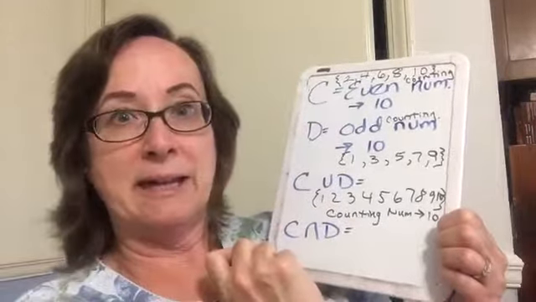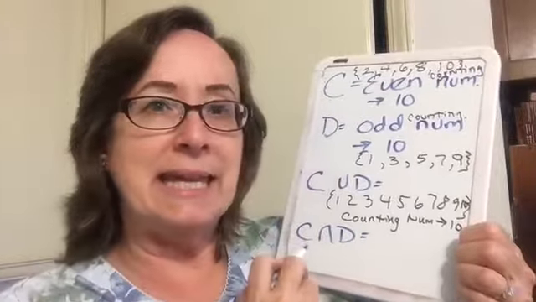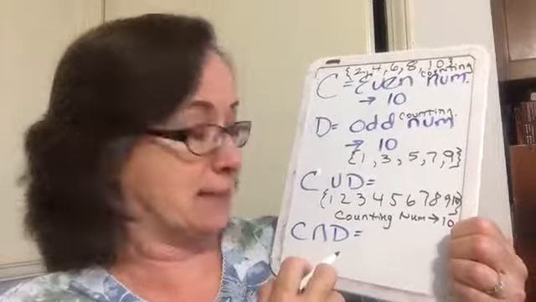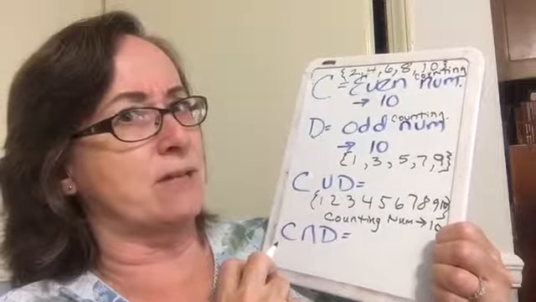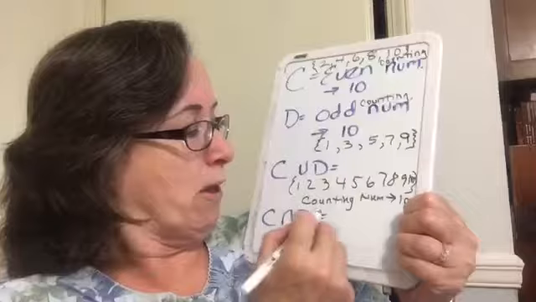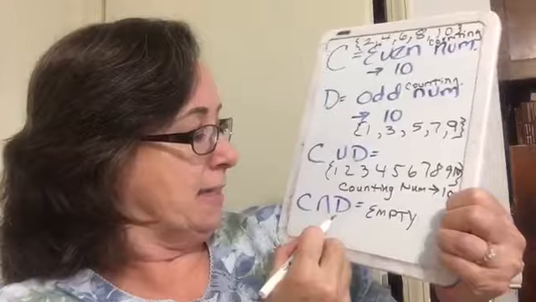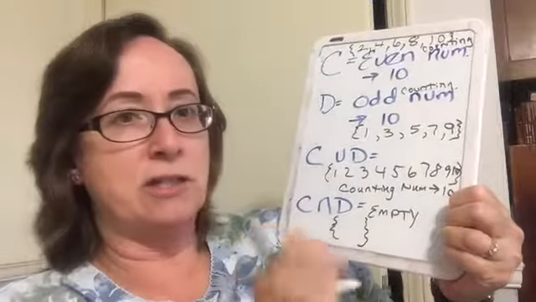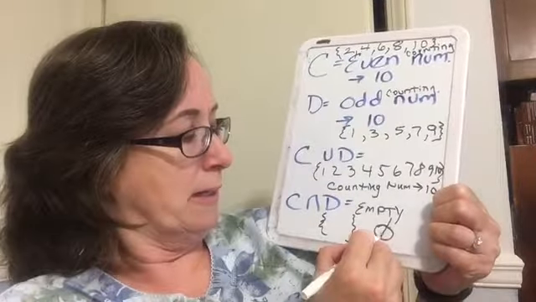Counting numbers through 10 would be a quick way with words to describe set C union D. Okay, set C intersect set D. That's what they have in common. 2, 4, 6, 8, 10, 1, 3, 5, 7, 9. Do they have anything in common? Nothing. So we call this the empty set. The empty set is written in symbols as just two little brackets that are empty, or this little symbol here.